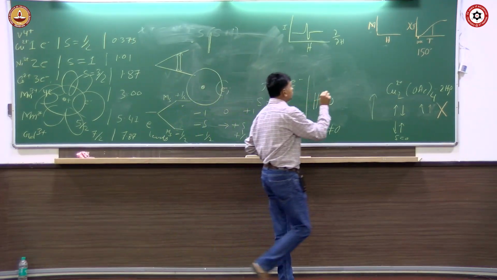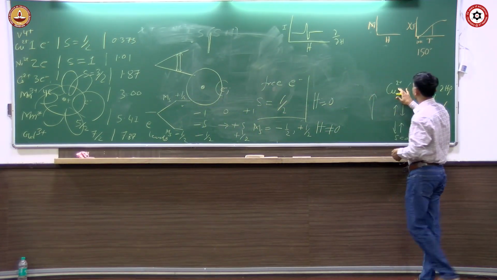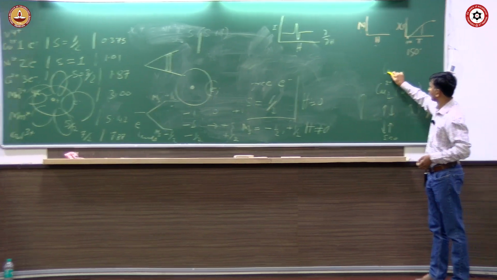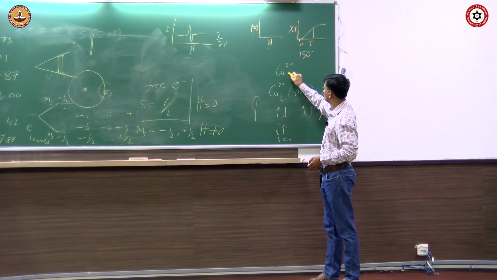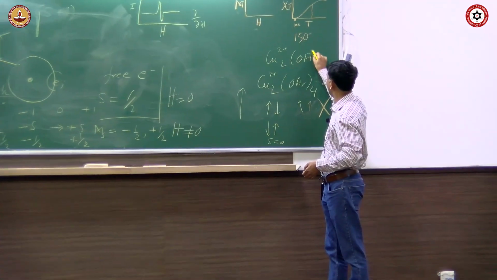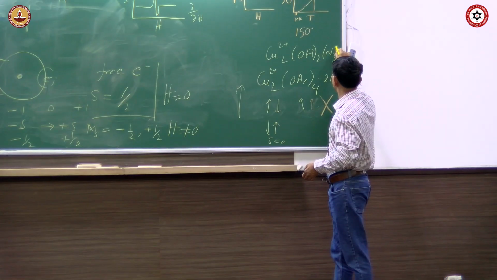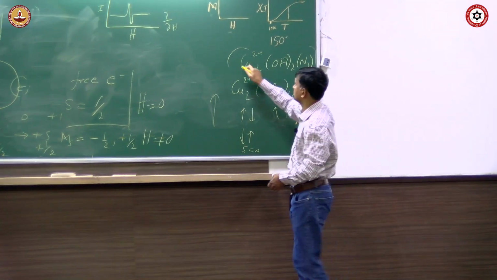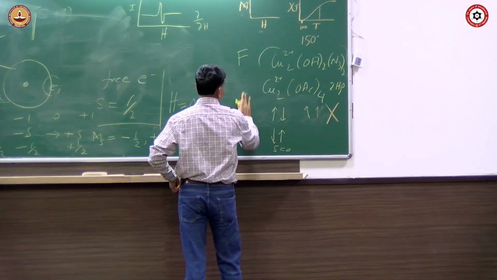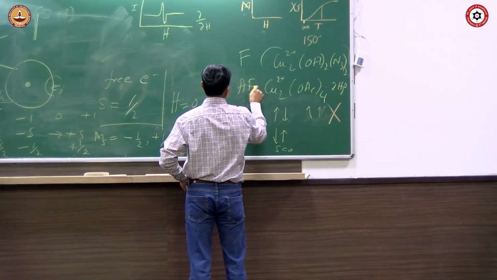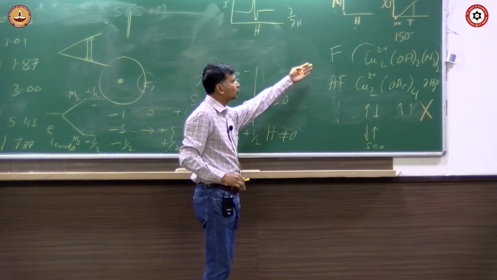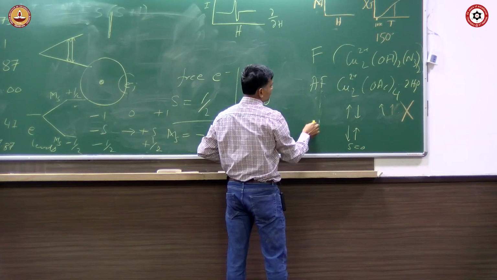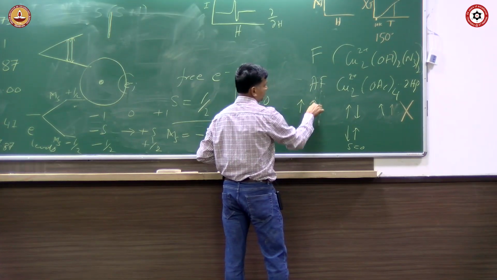Now if you go to the other one I mentioned, copper 2 plus, 2 of them are there, with acetate, 2 azide, and a water molecule again. The second compound I wrote, I said this is ferromagnetic and this was antiferromagnetic, right. Now when you are cooling this sample, it was going to this state, in the other case it will go to this state.